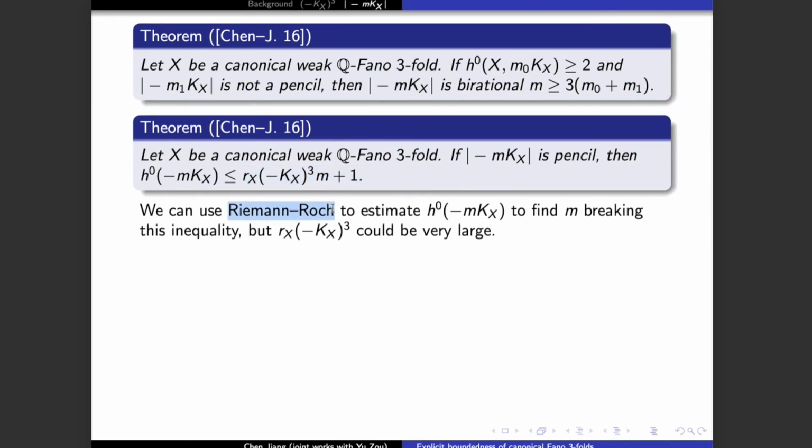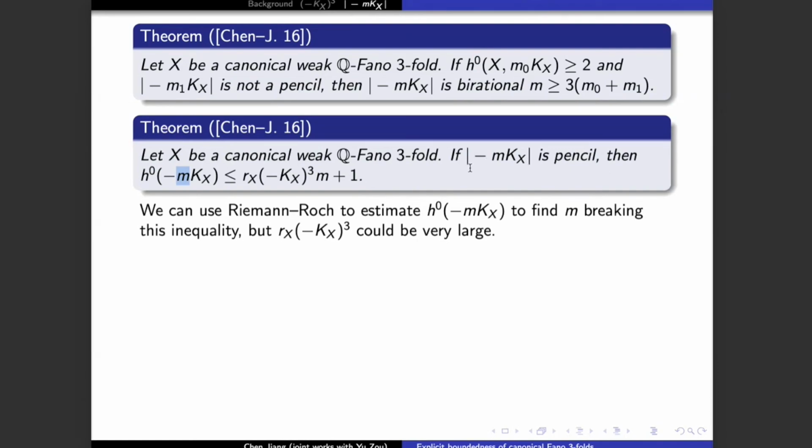So we can use the Riemann-Roch formula to calculate the left-hand side. And of course, the left-hand side is like a cubic form, like m to the cube times the volume or something. So as long as m is big enough, this inequality will fail. And then we know that minus mk is not a pencil.